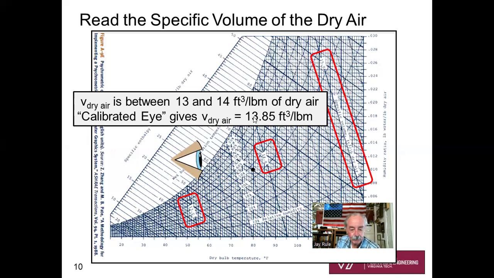And what I came up with, with my calibrated eyes, I'm going to say that the specific volume of the dry air is going to be closer to 14 than 13. I'm saying the specific volume is 13.85 cubic feet per pound mass of dry air. So that's what I'm writing down in my solution.